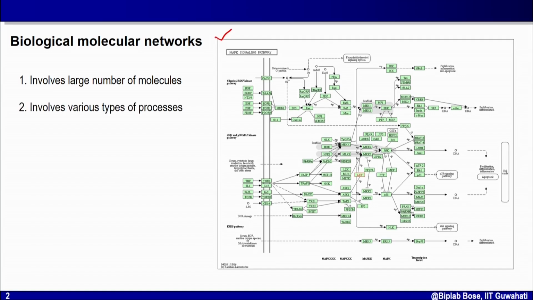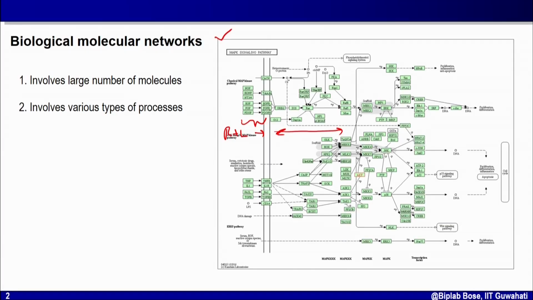Then apart from molecules, there are many types of processes involved in a particular network. For example, in the network I have shown here, initially if you notice, this is the cell membrane, and you have receptor-ligand interaction here. Then the processes going on in this part are essentially cascades of kinase enzymes. So in phosphokinase pathways, one molecule gets activated and becomes a kinase enzyme, it goes and phosphorylates another molecule, that molecule becomes phosphorylated and is again an active kinase now.